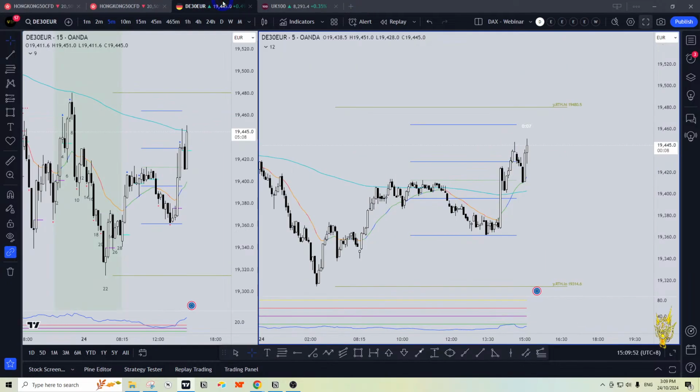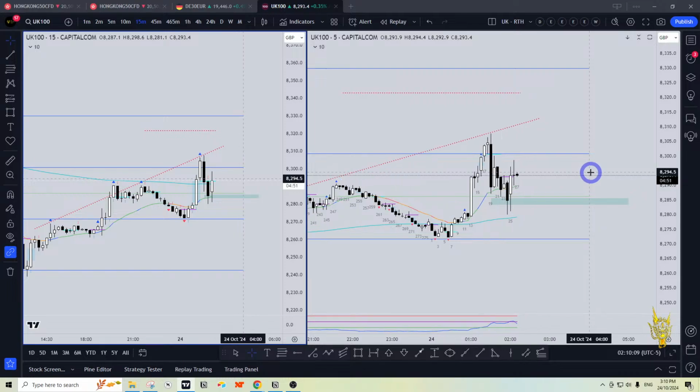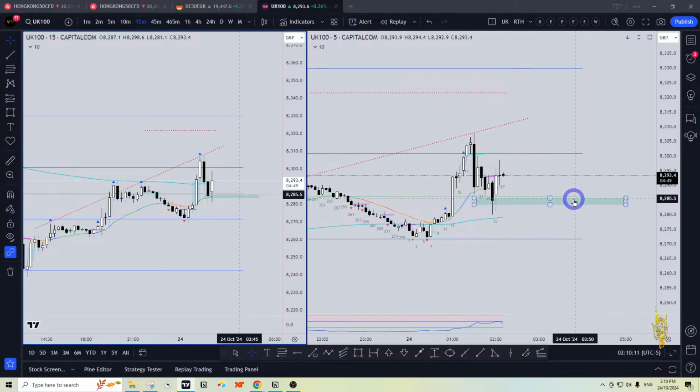That's a bear bar. Okay, so consecutive bull bars on DAX. So it's a buy, but it's with a wide stop because your target's so close. It's too close for me. FTSE, bad follow through there. So trading range, I'll wait and see what happens.